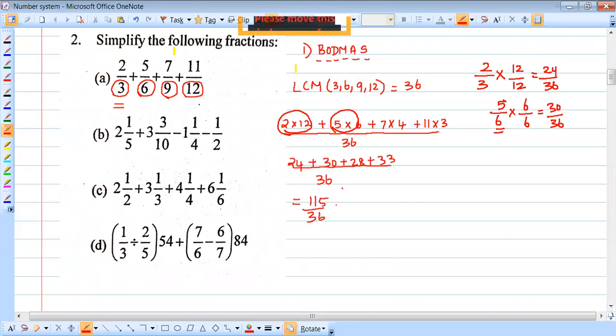That's why I have added up the first term numerator, second term numerator and third term numerator. So I get the final answer 115 by 36. Do you understand now, Joalin, Leni? Good. So let me discuss the second question.